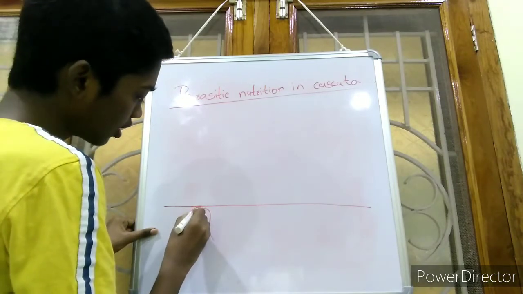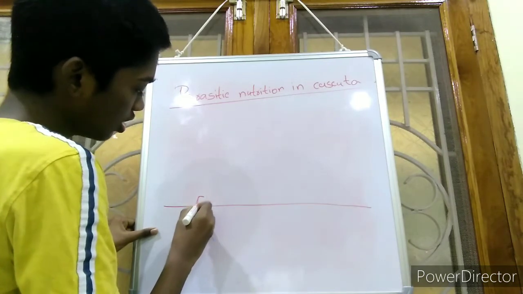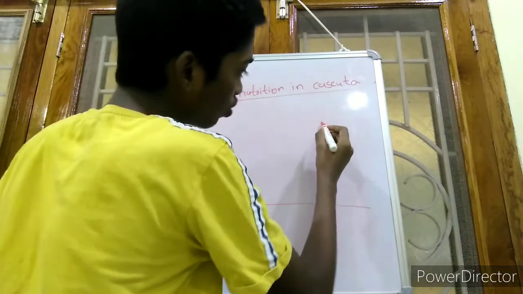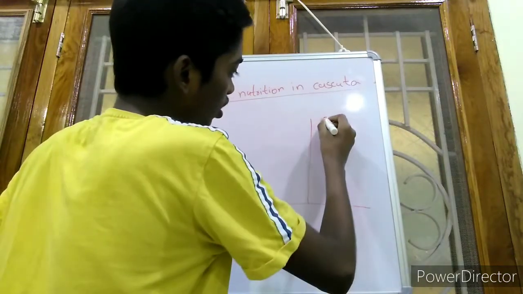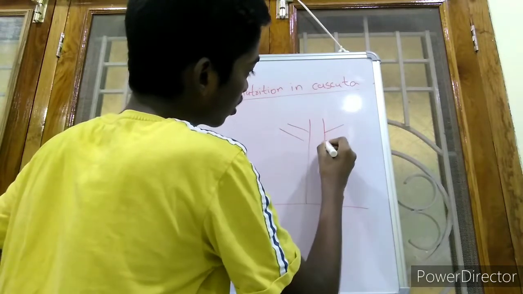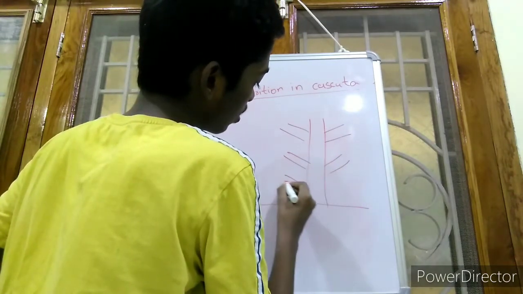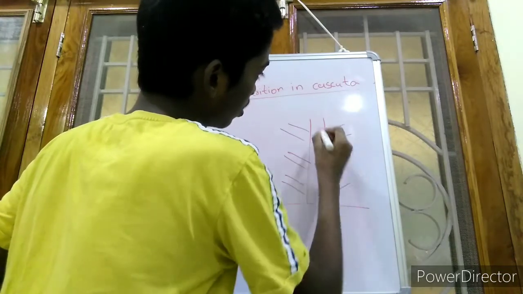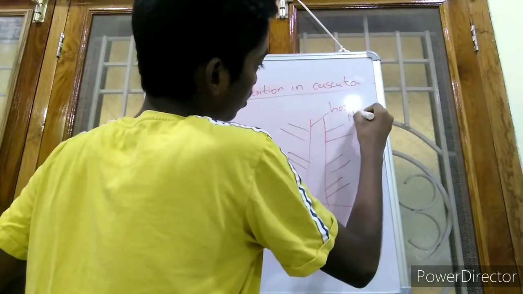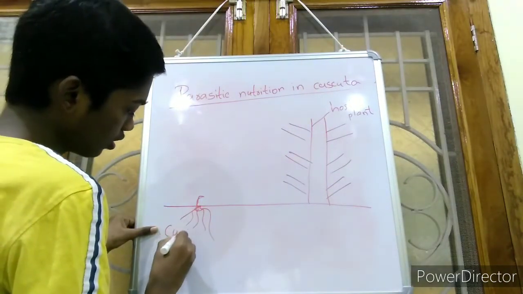Now it will germinate like this. Now coming to the host plant, we will take this as the host plant. This is the host plant, and this is the Cuscuta.